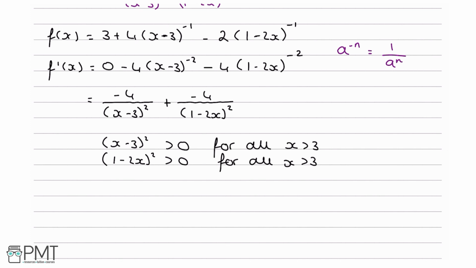Now, if we look here, 4 over x minus 3 squared, ignoring the minus for now, will be positive, but this negative will make it negative.